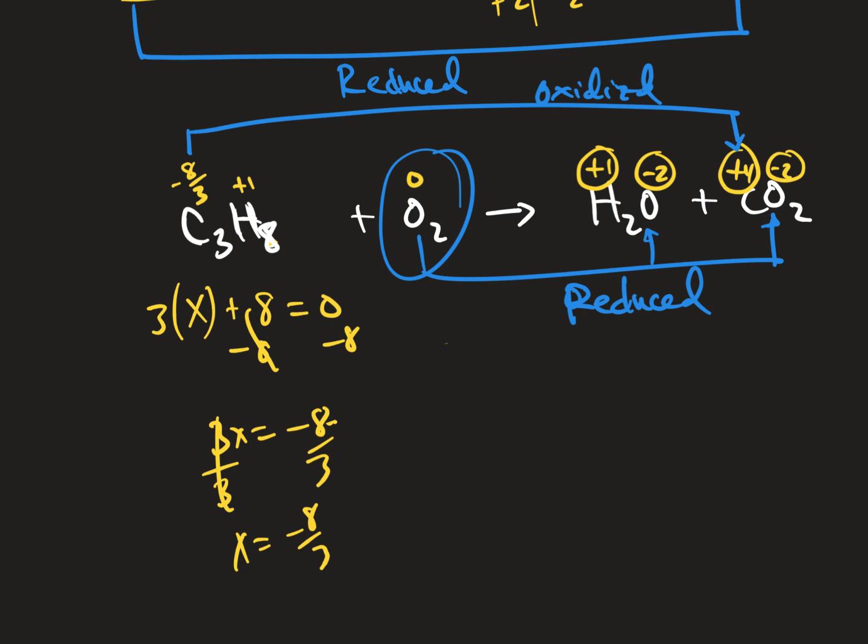Either one, it's the same for both, right? They both go to -2. So it doesn't matter. In that case, both of them change, but they both are lowered, so oxygen is still reduced. Great question.